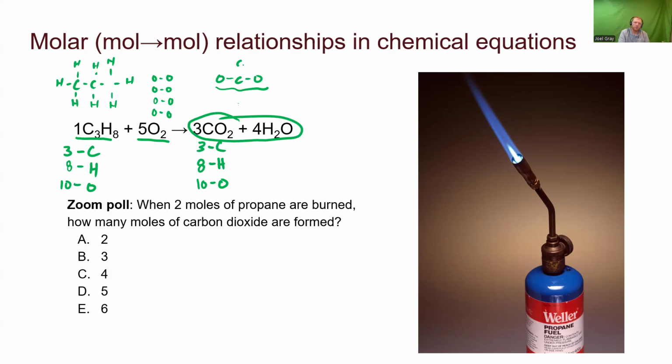So let's go ahead and do all three of my CO2s. Does everyone agree that this is three CO2s? Write in the chat. And those are some of my products. Okay.